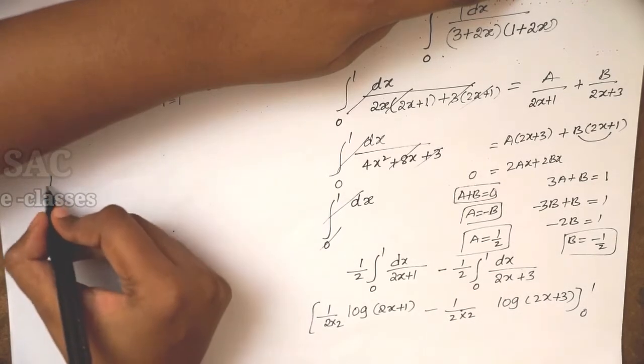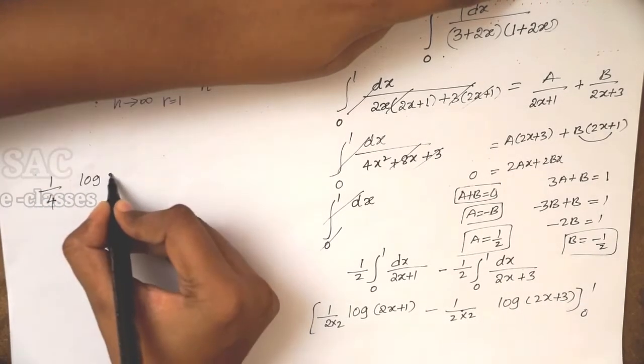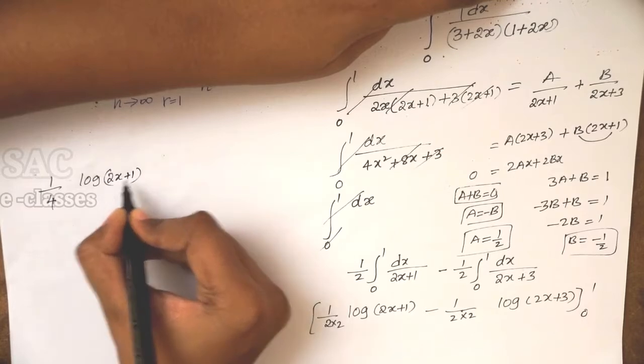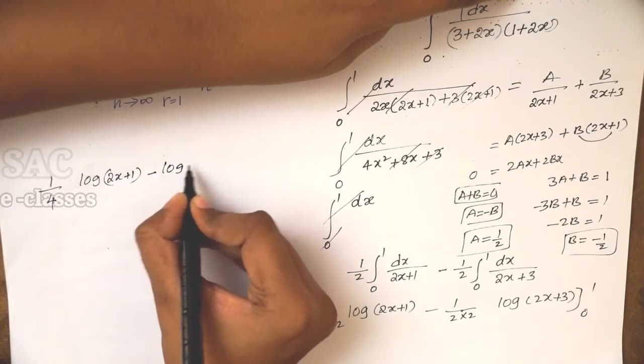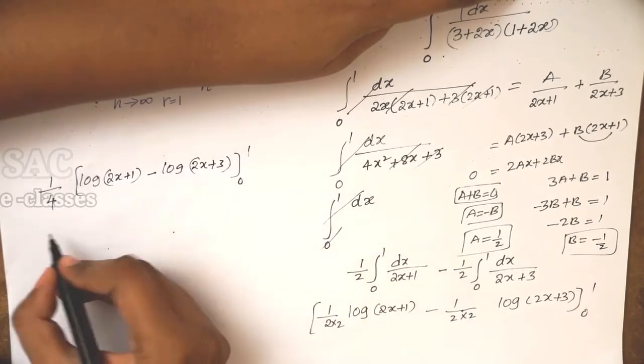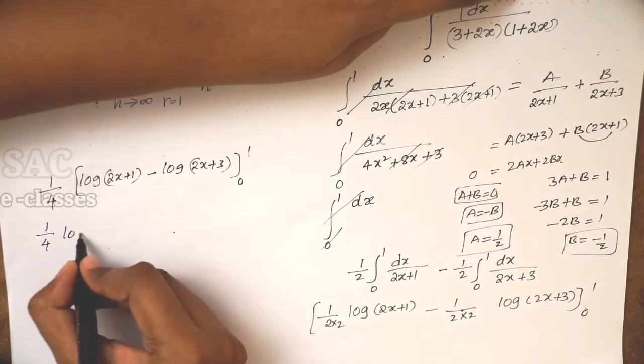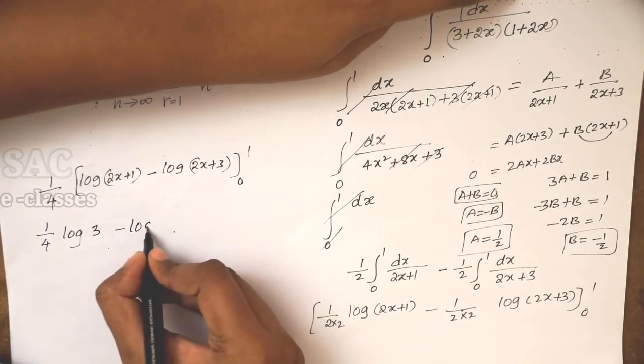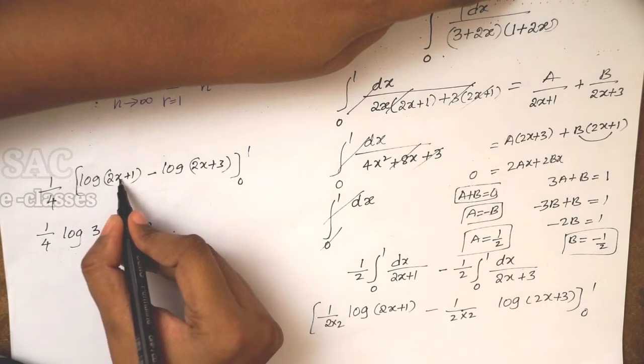Apply the limit now. 1 by 4 log of 2x plus 1 minus log of 2x plus 3, from 0 to 1.